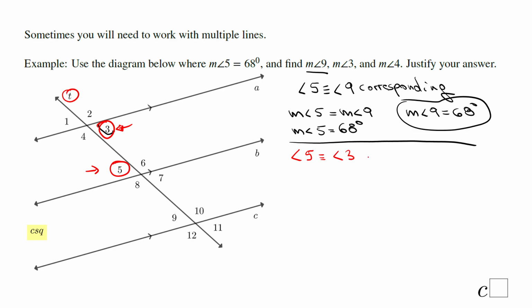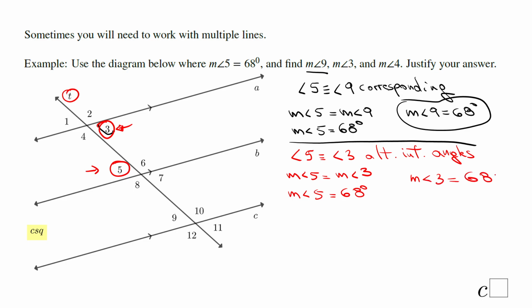I'm going to justify my answer: alternate interior angles. And then I'm going to say the measure of angle 5 equals the measure of angle 3, because that happens when you have congruent angles. The measure of angle 5, we know it's 68. So obviously the measure of angle 3 will also be 68 degrees.